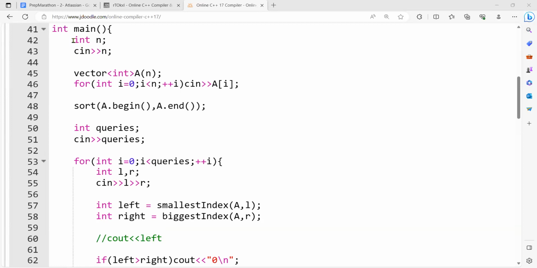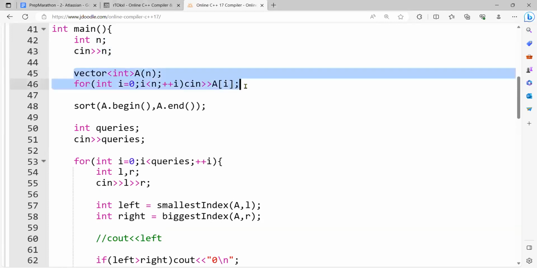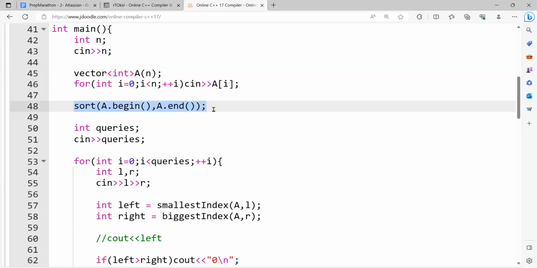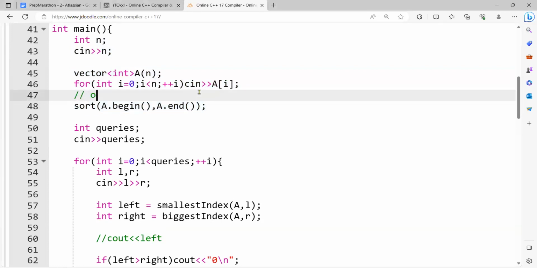So what we are doing here, we are taking input. What is the length of my array going to be? In n, we are storing the length of the array. Then we are taking our array as input. Now after that, we are sorting. Why are we sorting? The reason for this is that the order of the array is not important.